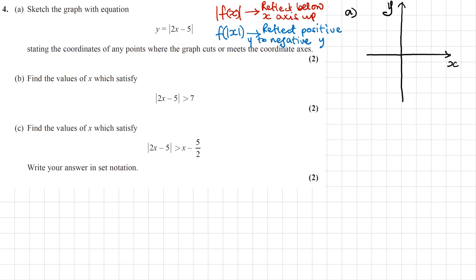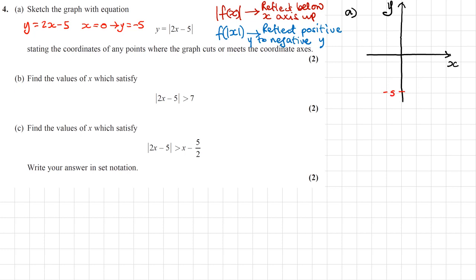I want to see where it crosses the x and the y axis. If I make x equal to 0, that will give me negative 5. So it crosses the y-axis at negative 5, and I'm going to put a mark there, minus 5.